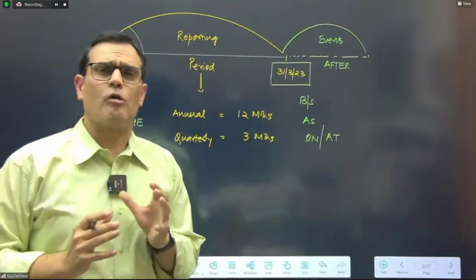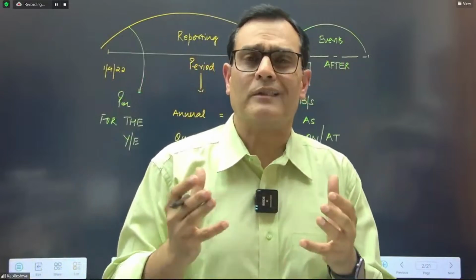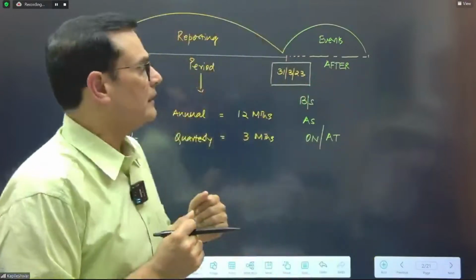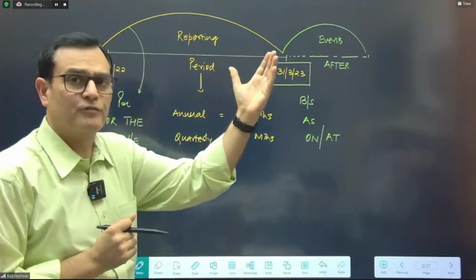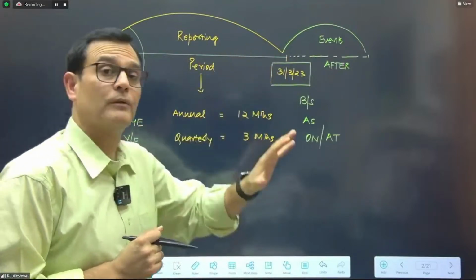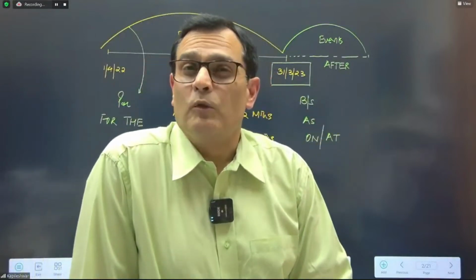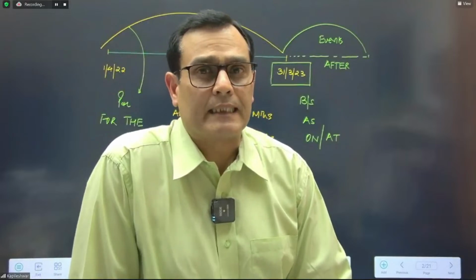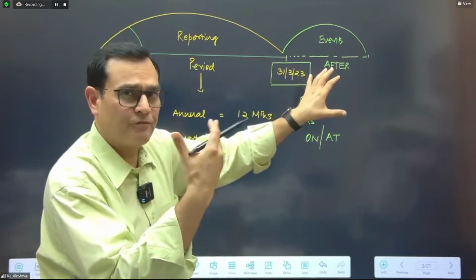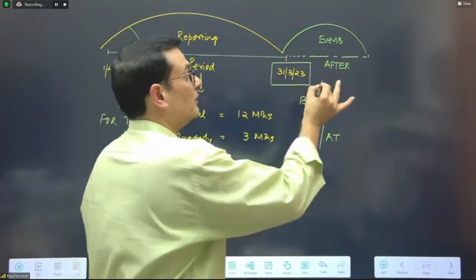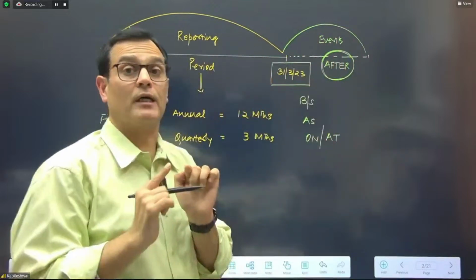One of the most common mistakes we make is that when we look at a question or a case study and we are given an event, we tend to look at an event which might be before 31st March. Please be careful. The very first focus, when I'm looking at the application of Ind AS 10, is that I am looking at the events which take place after the reporting period. I hope I've been able to stress that well.